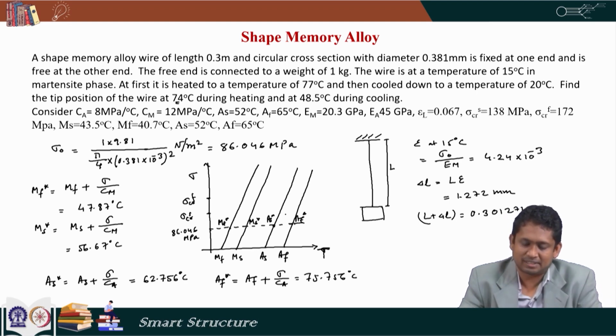Now, in both the cases, the starting and the end conditions are the same. So, for example, when the austenite formation is taking place, the starting condition is xi equal to 1, and after the formation it is xi equal to 0. Similarly, during the martensite formation, at the beginning of the formation xi is equal to 0, and at the end it is xi equal to 1.